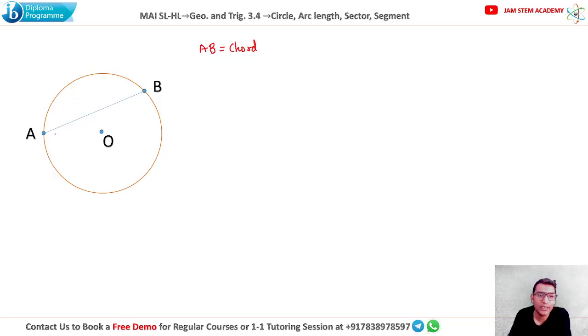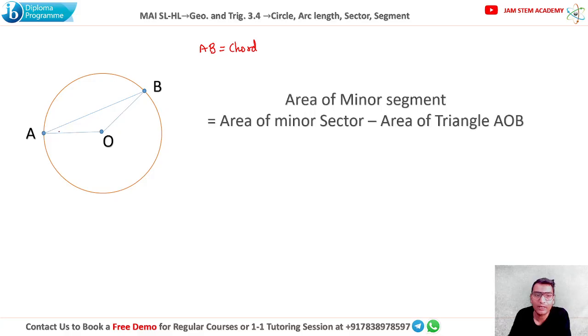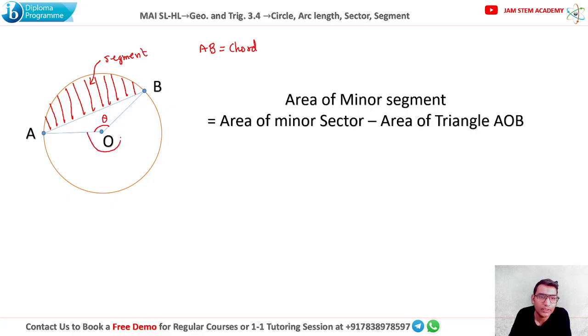Now let's join A and B to the center. So we will get a triangle, right? So here, only this part is called the segment. In this case, if this is the smaller angle theta, the larger angle is 360 minus theta.